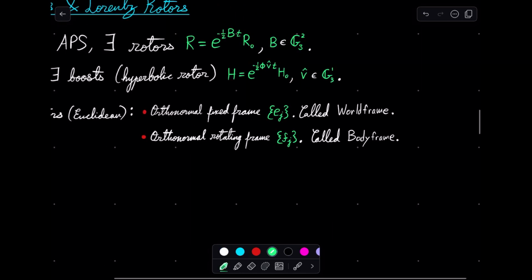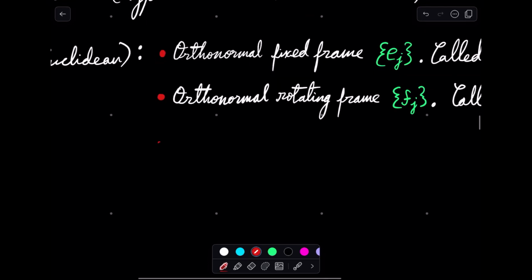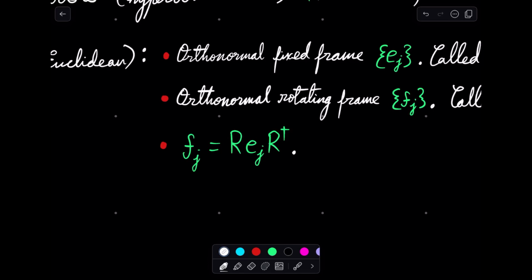The relation between these two is given just by the rotor. So you have that the jth vector f_j is R e_j R dagger. If you're familiar with geometric algebra, this is just the formula for rotations in any dimension. Therefore, it holds in the algebra of physical space as well.